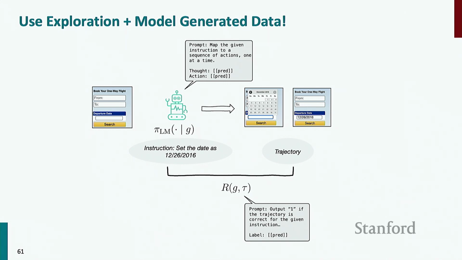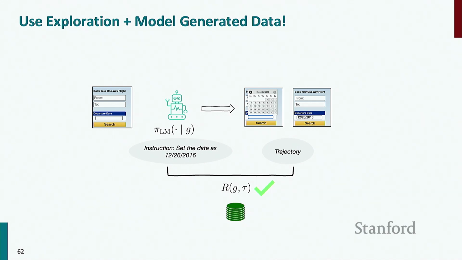So it produced a trajectory based on that instruction. And then I'm going to use some coarse filter that's just going to look at correspondences between the instruction and the sequence of actions and the states the language model visited, and use that to decide if the trajectory was a good trajectory for the instruction. And in this case, given the instruction, this seems like a pretty good trajectory for completing this task. And so then we added it to a set of examples, okay?